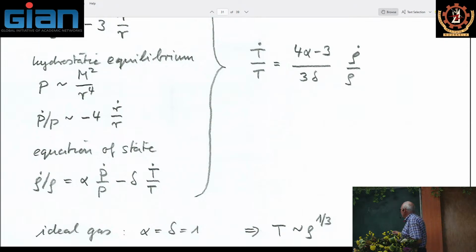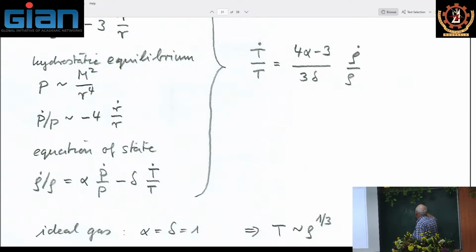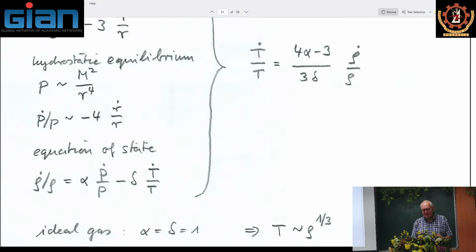So kT has to be smaller than the maximum energy, the Fermi energy E0, which is the maximum energy of an electron in the ground state for all electrons.